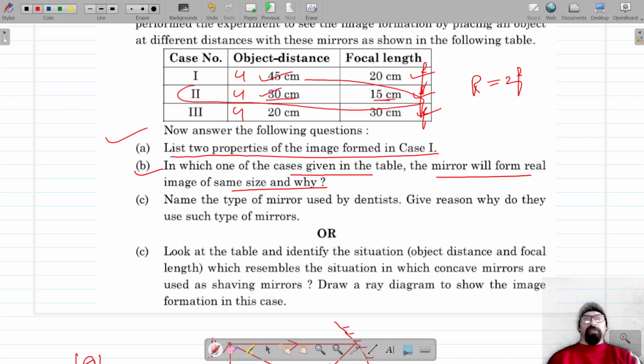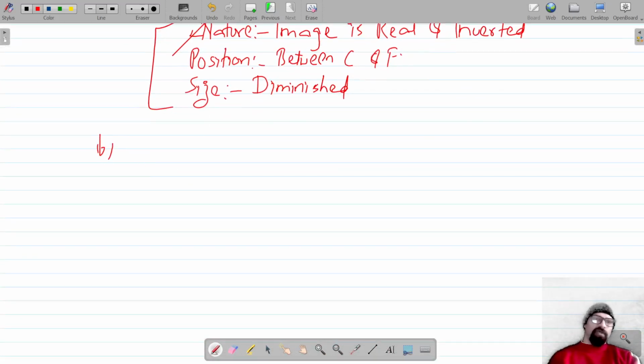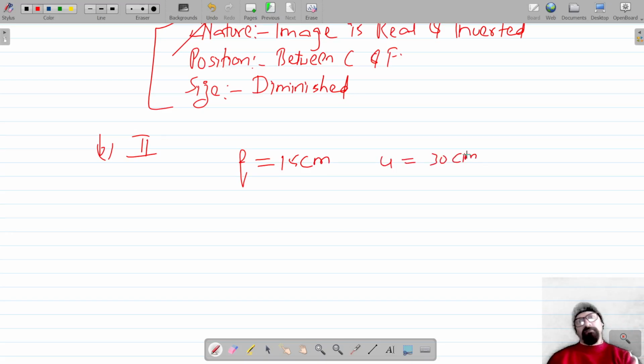So this is case 2. So we can write that for B, it's case 2, and I will show you how. Because the focal length is 15 centimeter and object distance is 30 centimeter, which is twice the focal length. Twice the focal length is the radius of curvature.